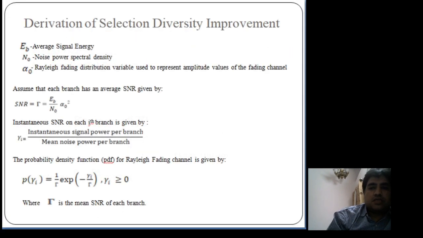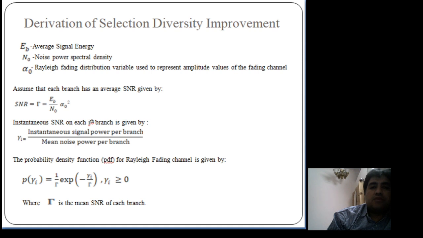So let us see what will be the improvement when we adopt a selection diversity technique. So for that, let us see this derivation. Let us consider Eb is the average signal energy, N naught is the noise power spectral density, and alpha is the Rayleigh fading distribution variable which is attached with each and every fading channel. So for each branch we are assuming that the average signal to noise ratio is given by this mean.